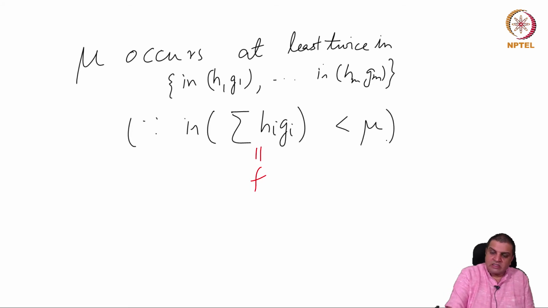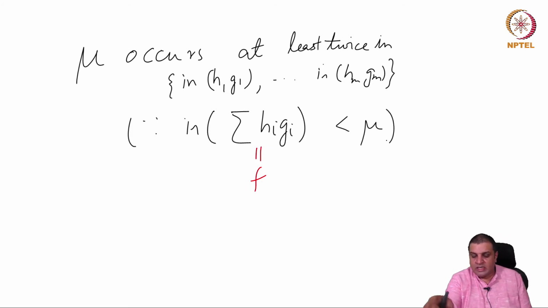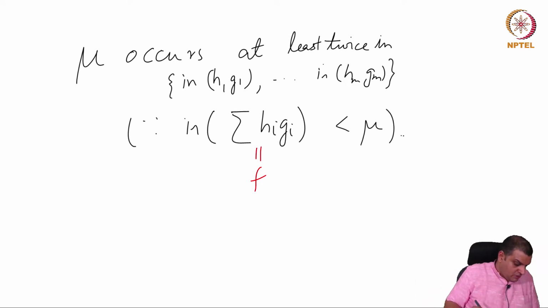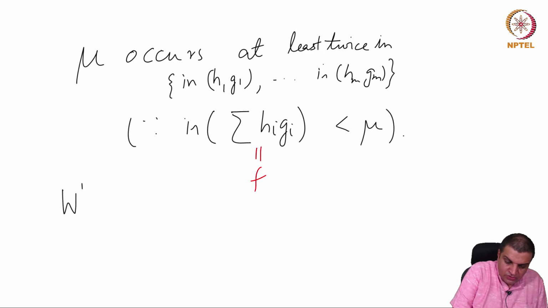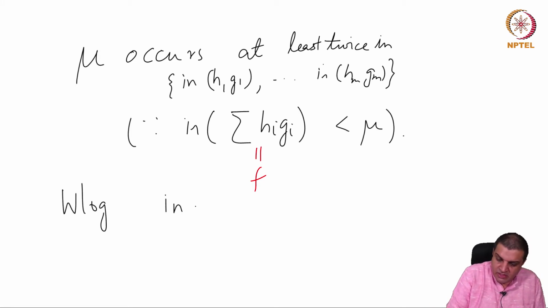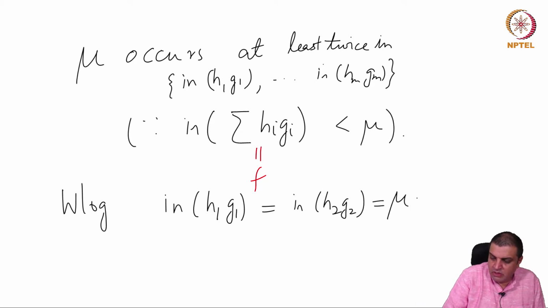So the initial terms of at least two of these things should get cancelled before we get F. Therefore, without loss of generality, we can rearrange these terms and assume that H1G1 and H2G2 have the same initial term mu.